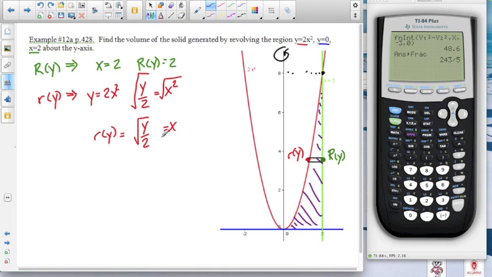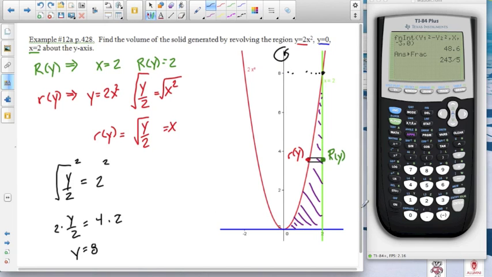So we're going to take the square root of y over 2, and we're going to set it equal to the green function 2. And when we square both sides, we're going to get y divided by 2 equals 4. And then multiplying both sides by 2, we're going to get y equals 8. So we know our limits of integration then are 0 to 8.